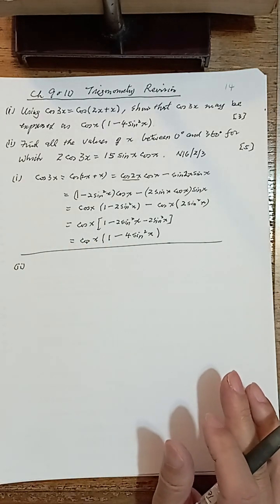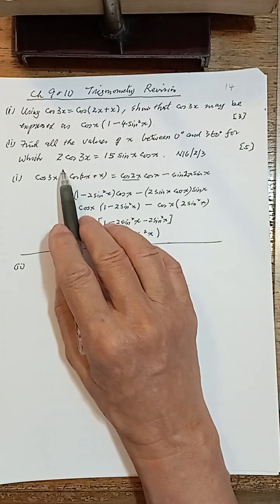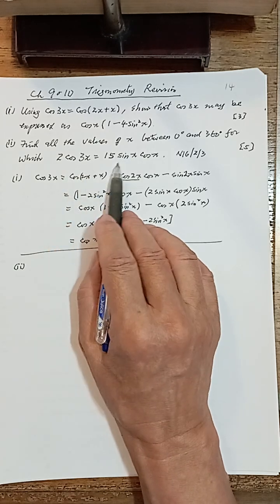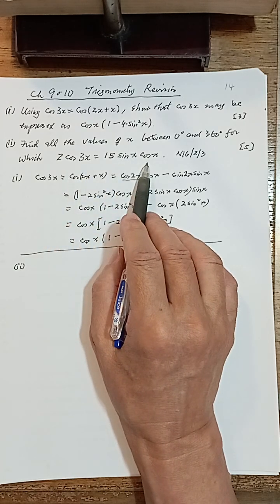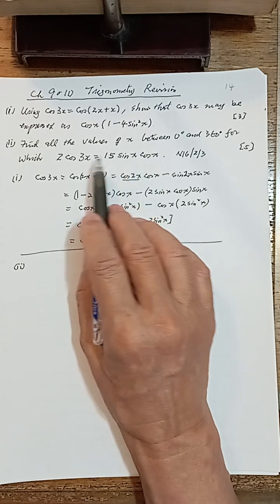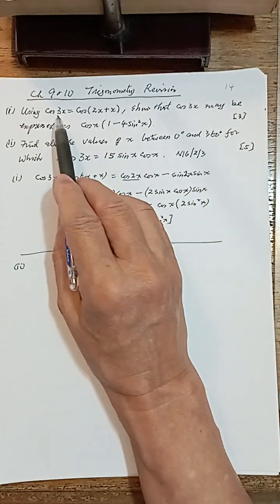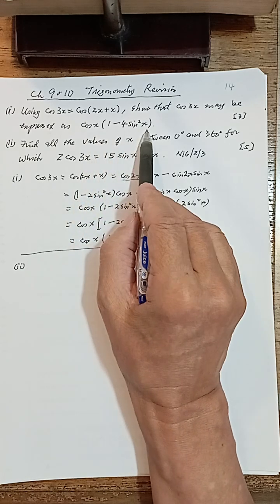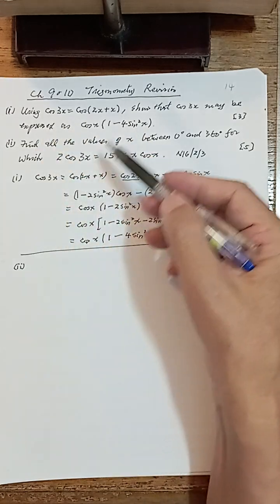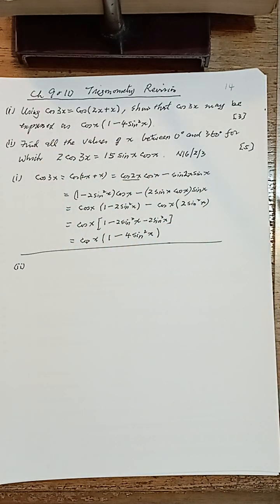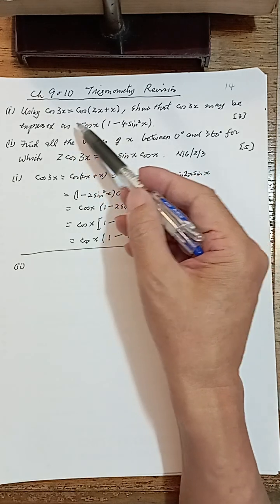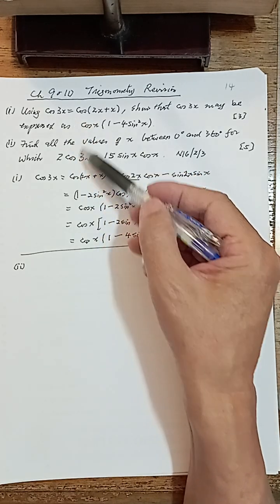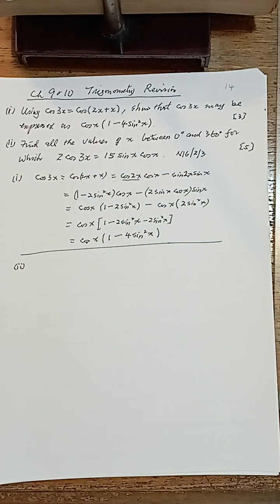Now part 2. They say 2 cosine 3x equal to 15 sine x cosine x. Right? So you can see here is cosine x. We have already shown cosine 3x equal to this, and this question is related, meaning that we should use the answer we have found in part 1 and substitute into part 2.